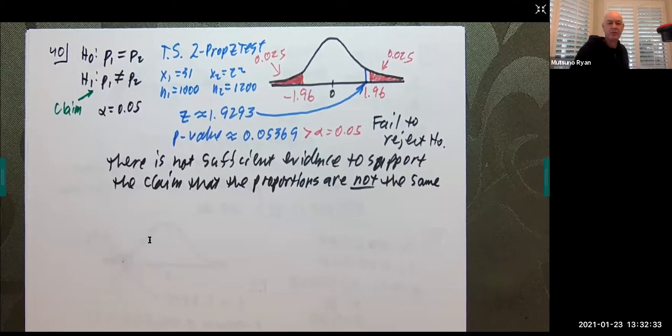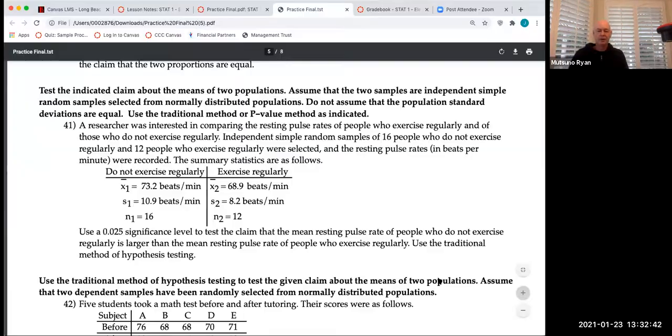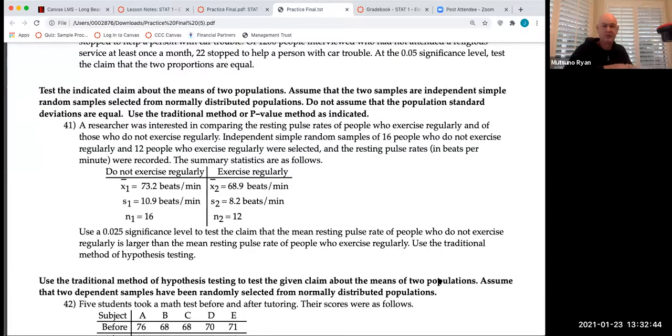Number 41, I'm going to show you on my screen. Now for 41, I want to point out a couple of things. Here we have two populations, and this is means about two populations. A couple of important statements here. Assume that the two samples are independent, simple, random, normally distributed. That's fine.